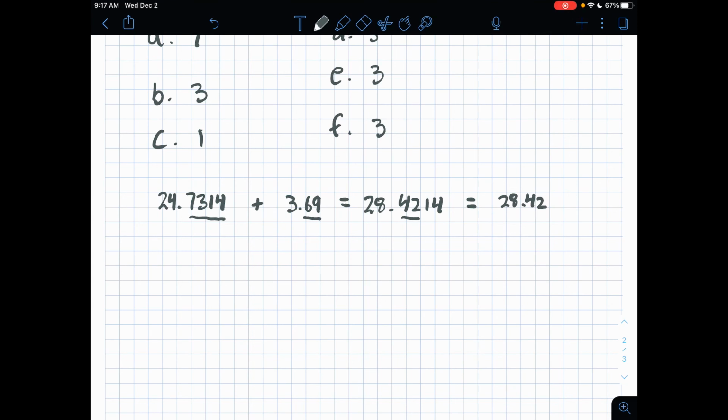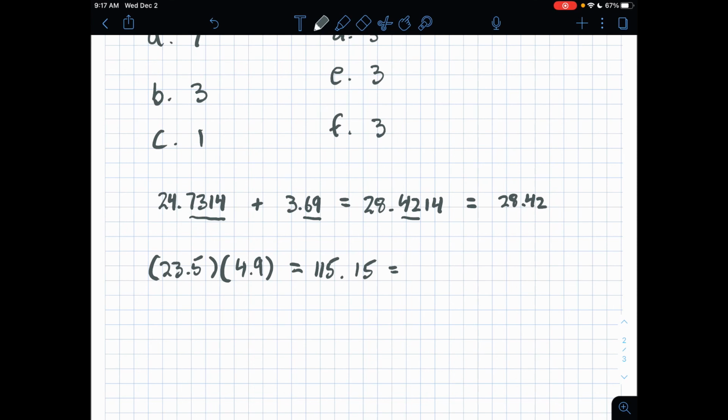When you're multiplying and dividing sig figs, however, it's slightly more simple because, let's say you have a number 23.5 times 4.9. When you put that into your calculator, you will get a number of 115.15.